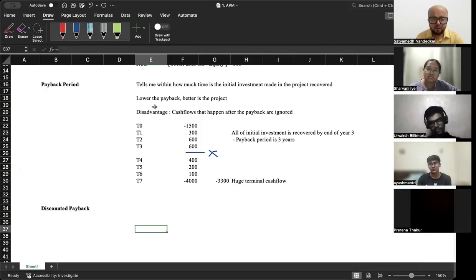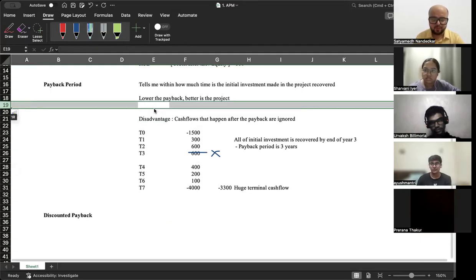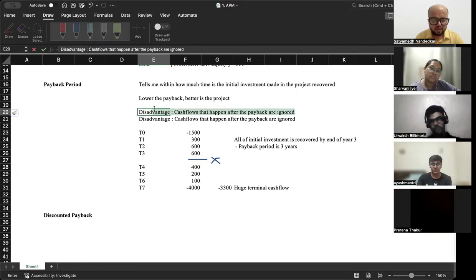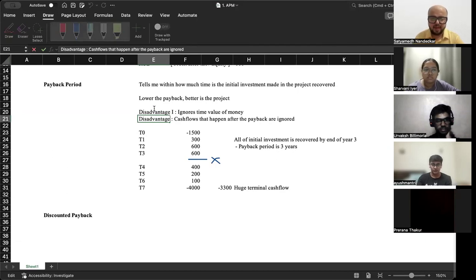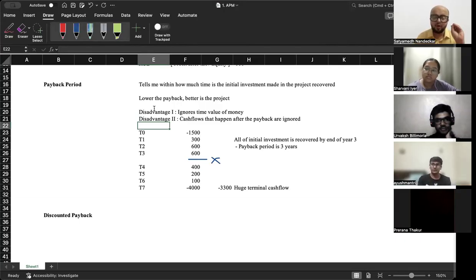So, see, there were two disadvantages with this method. The first disadvantage was ignores time value of money. And the second disadvantage was that cash flows that happen after the payback period are ignored. After this method received a lot of criticism, what people decided to do was they decided to somehow get rid of the first limitation that this method ignores the time value of money.